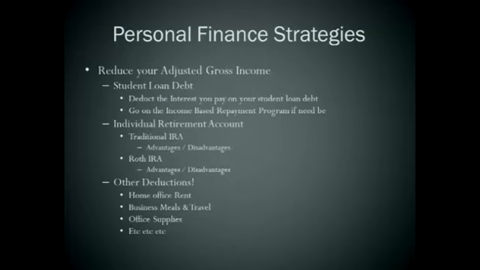Just to give you an example of how beneficial this can be in the long term, let's say we're using all of these numbers. Let's say you make $50,000 a year, every year for the rest of your life.